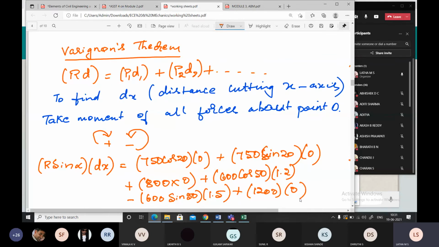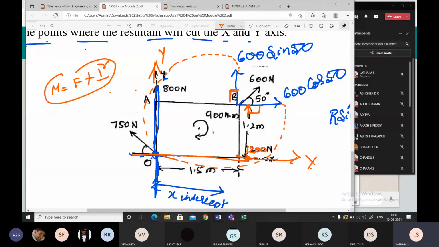What's the next force? You find a moment. Is it a clockwise moment or anti-clockwise moment? Clockwise, ma'am. So should I multiply with a perpendicular distance? No, very good.